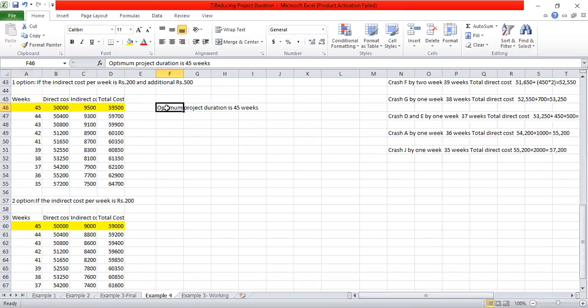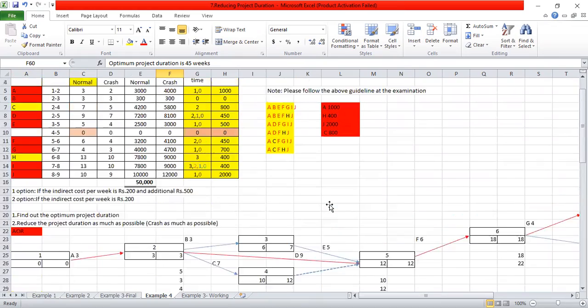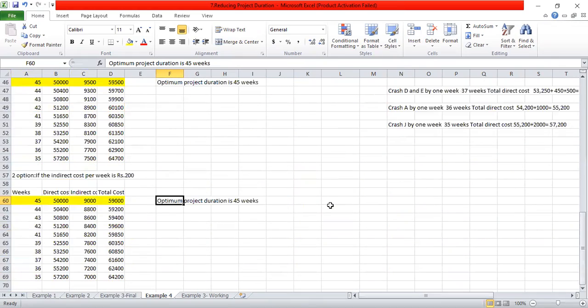So the optimum project duration is 45 weeks for the second option as well, very good. So these are the things they are asking to do in these calculations, right? So this is the end of this calculation.